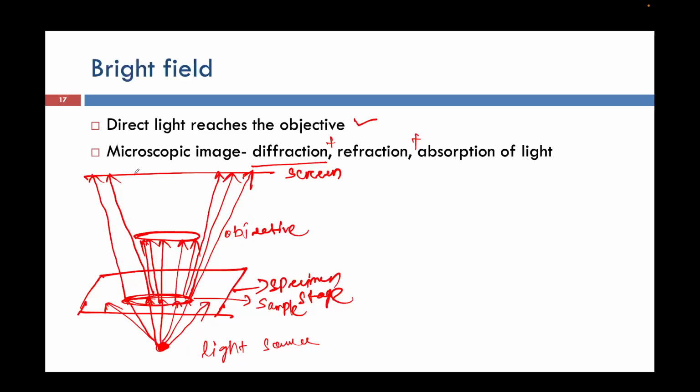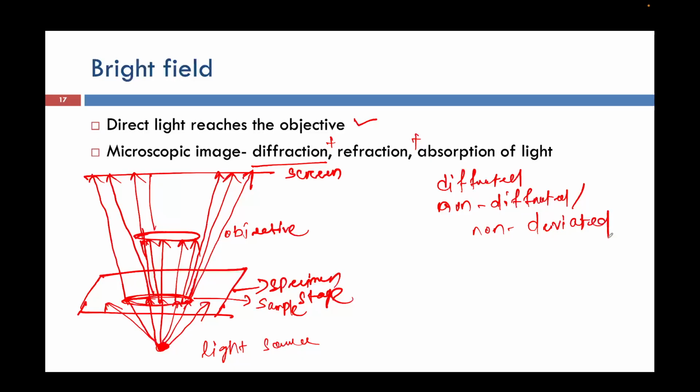From my light source some rays are coming and interacting with my object, and after interaction some will be diffracted, some will be non-diffracted, that is, non-deviated, meaning they go straight as they are.